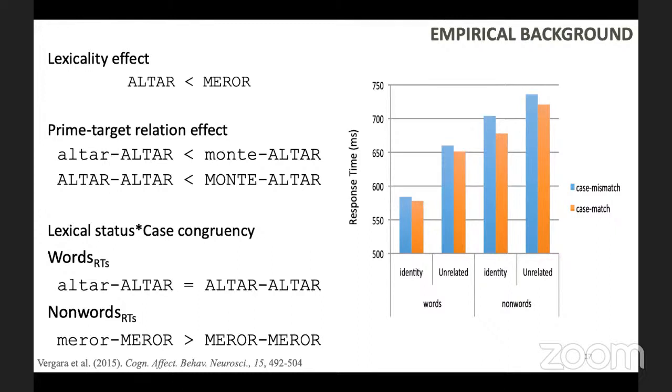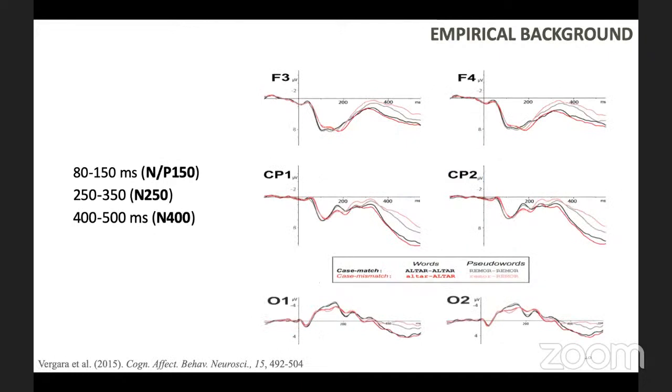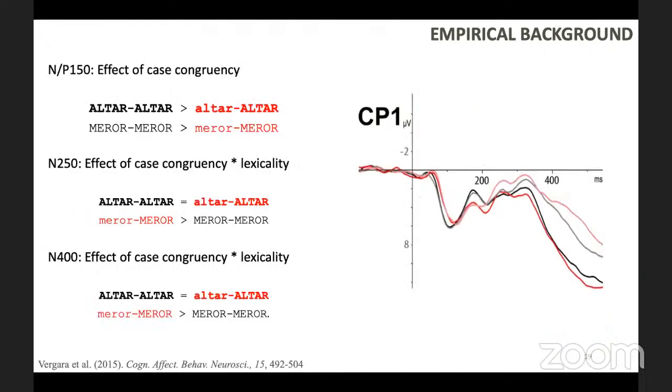So behavioral results replicated previous masked priming results. There was an advantage of the match-case identity prime, but only for non-words. And in the ERP data, they examined three early measures of word recognition, that is the N150, the N250, and the N400. And they found an effect of match versus mismatch case identity priming for both words and non-words in an early pre-lexical perceptual component, there is the N150.